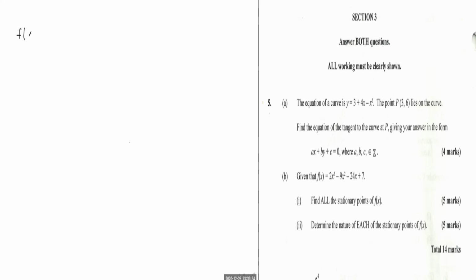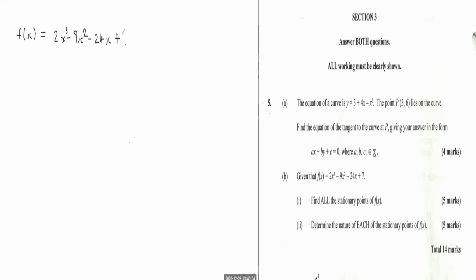So we have our f of x, which is 2x cubed minus 9x squared minus 24x plus 7.